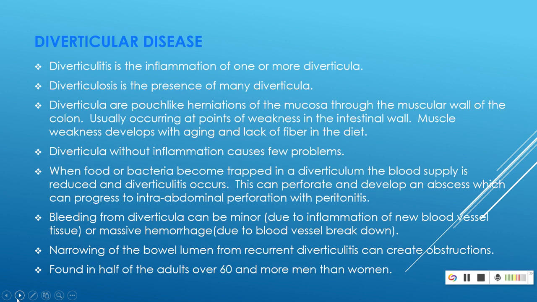So if you have diverticula without any inflammation, you don't have any problems. But when food or bacteria get trapped in them, blood supply is reduced and we can have bacteria start developing and diverticulitis occurs. Okay. Bleeding from diverticula can be minor or they can actually have a massive hemorrhage.